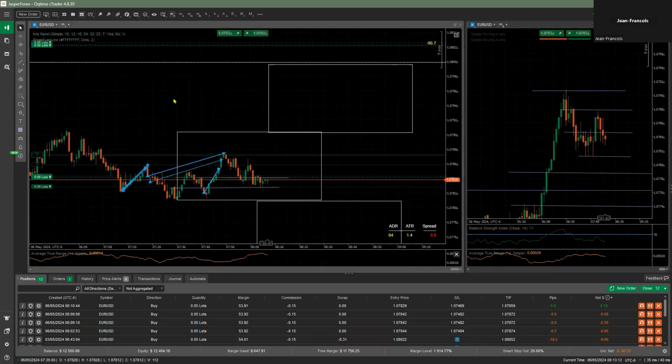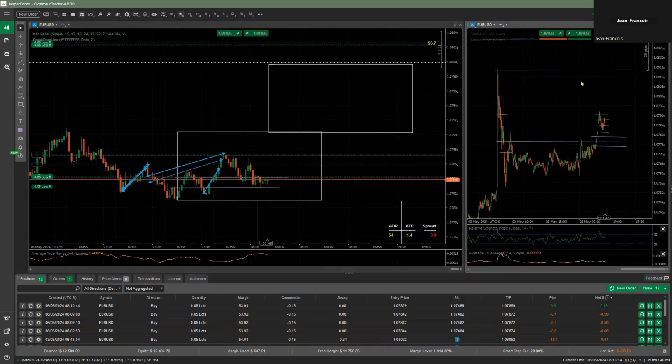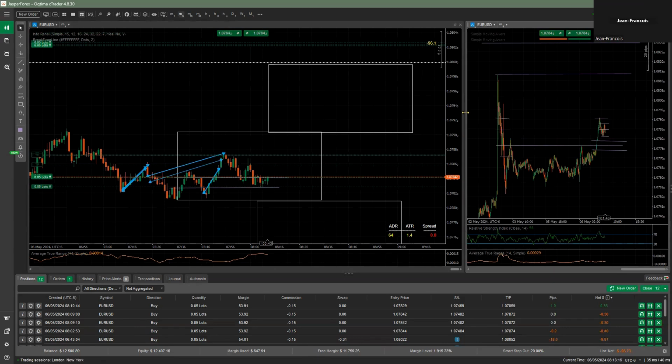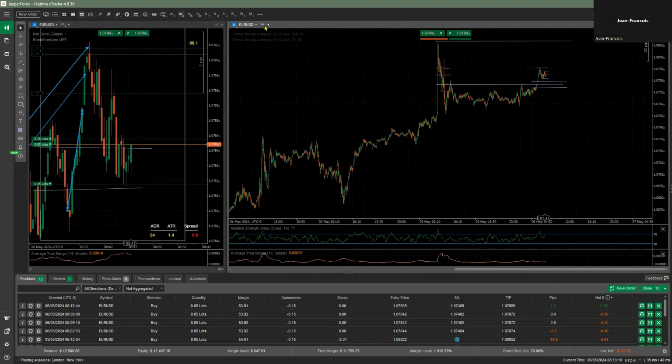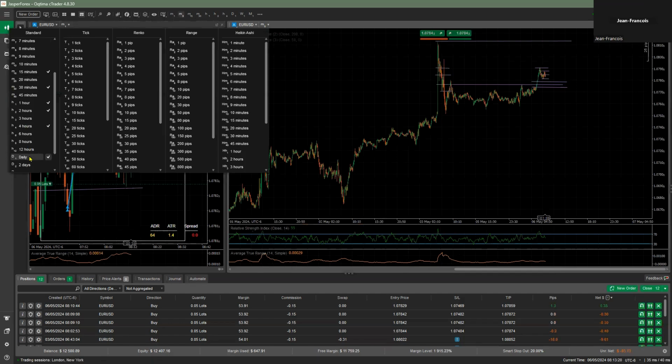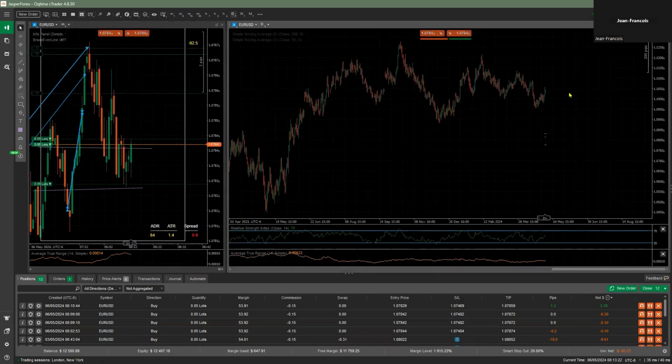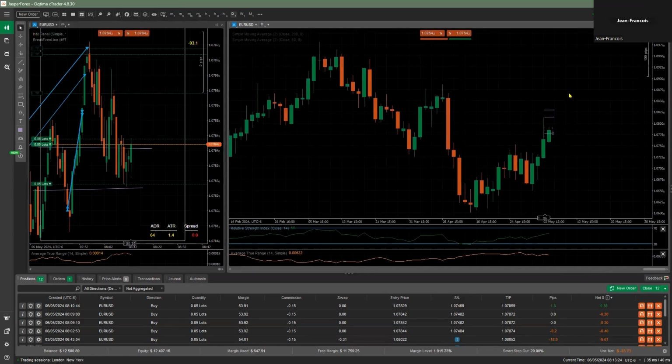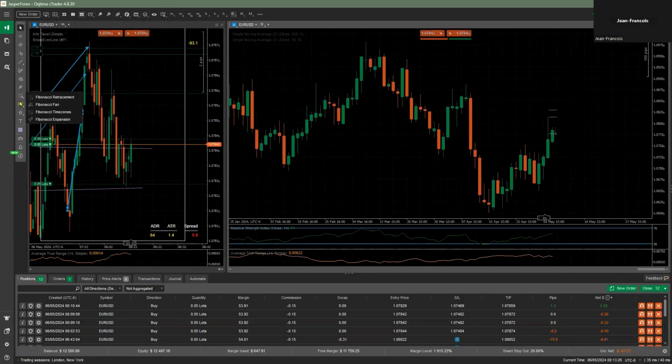The reason we want to be selling up there, if you recall, go to the higher time frame. Put a Fibonacci on this.